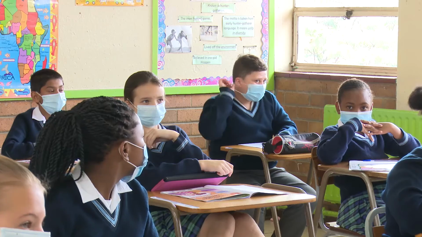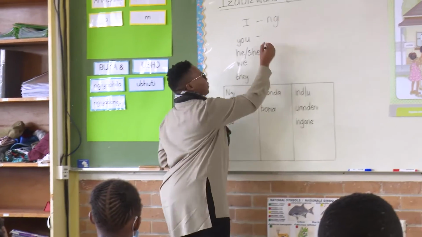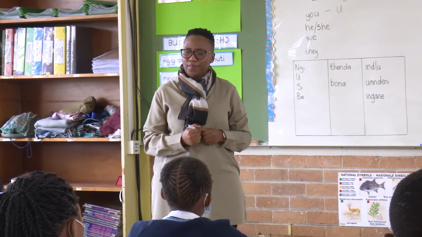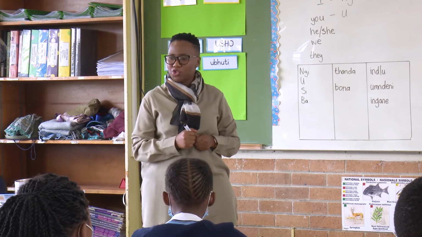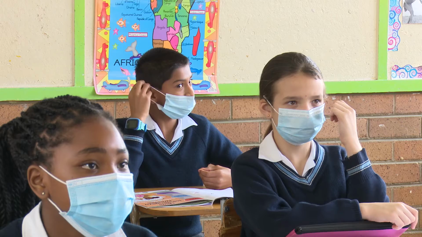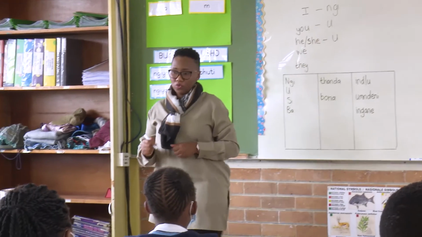Cristiano? You means u. Okay, so when we say you, we say u. Okay, and what about the next one? He or she? Ahmed? U. That's also u. Okay, so when we say he or she, that's also u.